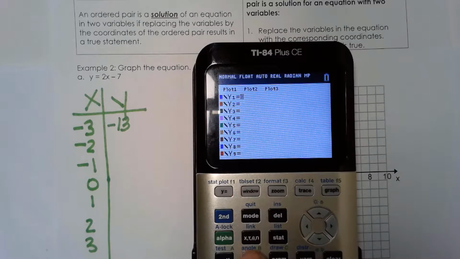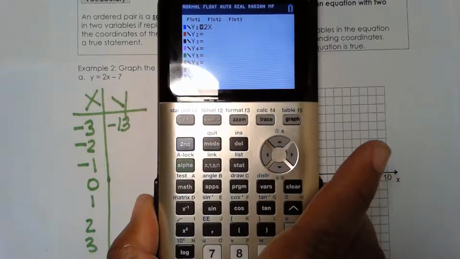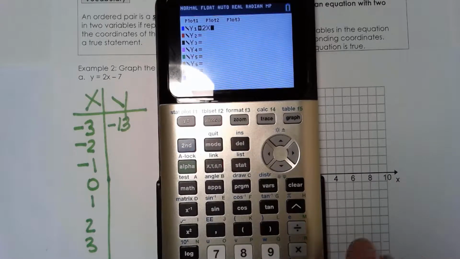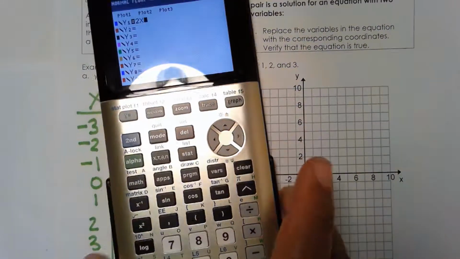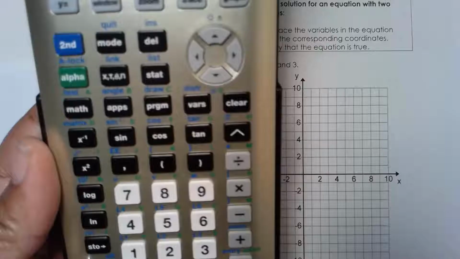And on your screen, below mode, you should see x and some other symbols. Well, I want to enter 2x minus 7. So go to your keypad, let's put in 2, then x. All of the TI, Texas Instruments calculators, do distinguish between a negative and a minus.